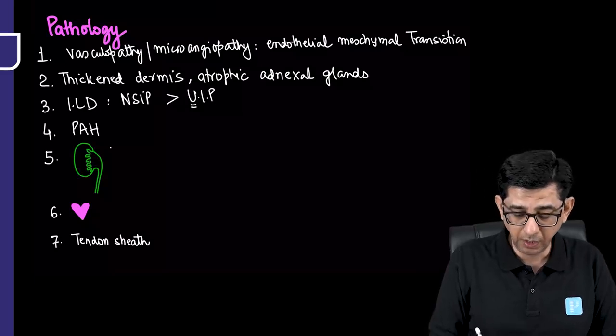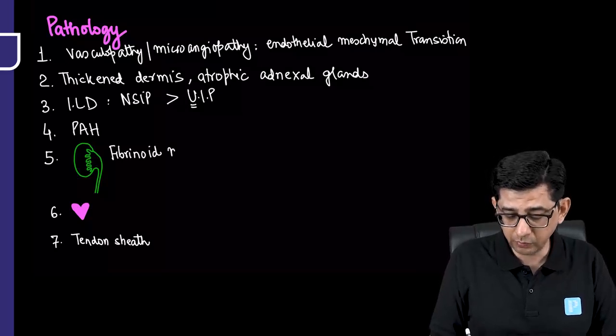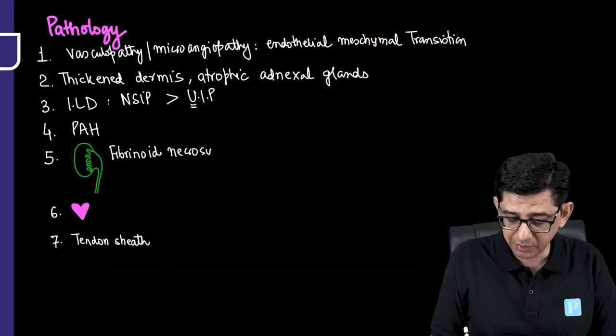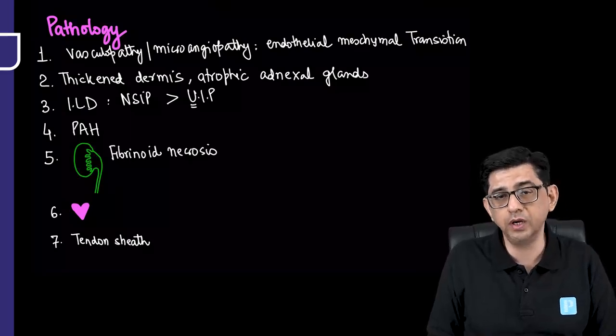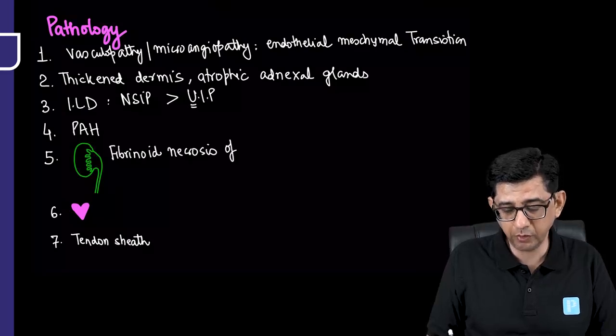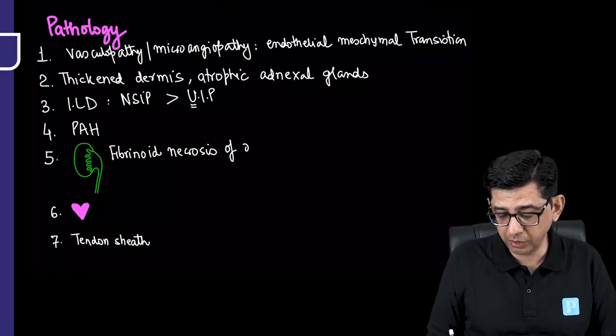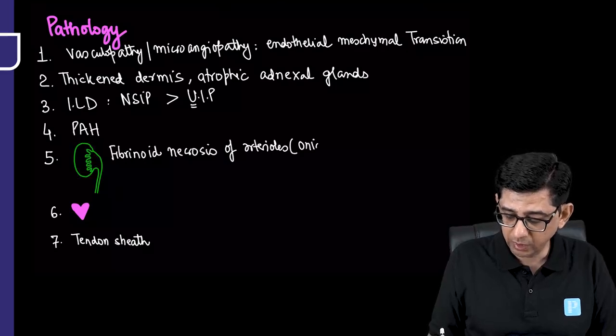The kidney involvement would be written in MCQs because nowadays integrated questions are coming. So he may not write the word scleroderma renal crisis, or in one of the options he may not write accelerated hypertension, acute kidney injury. He might just write that traditional pathology term, fibrinoid necrosis of the renal vessels, that is a fibrinoid necrosis of the arterioles, and this is the one that I was speaking about earlier as an onion skin appearance.